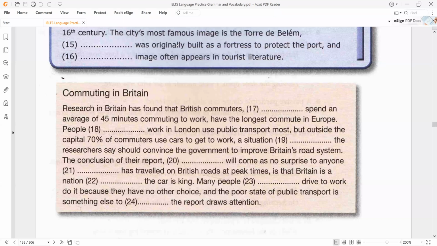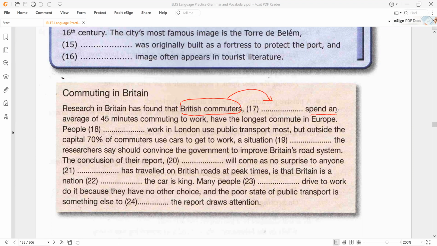That's commuting. Okay. Now, number 17. Let's do it. So, research in Britain has found that British commuters, yes, spend an average.